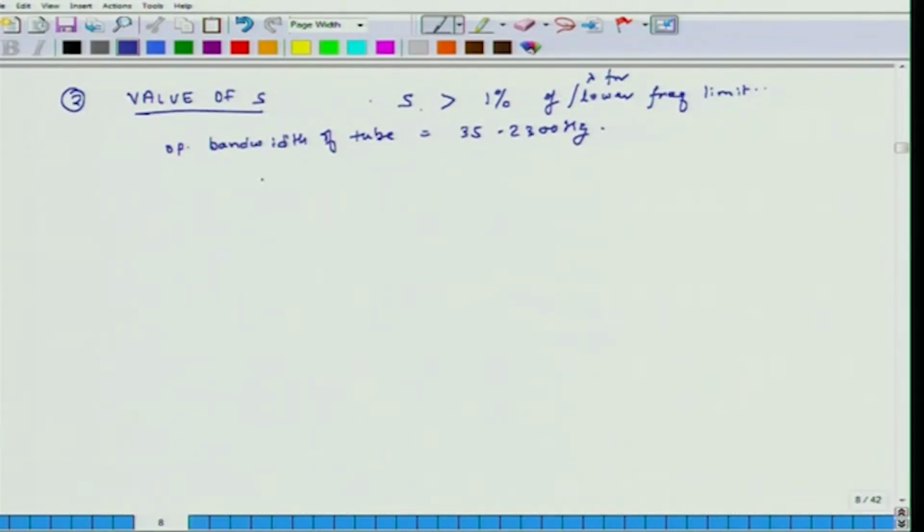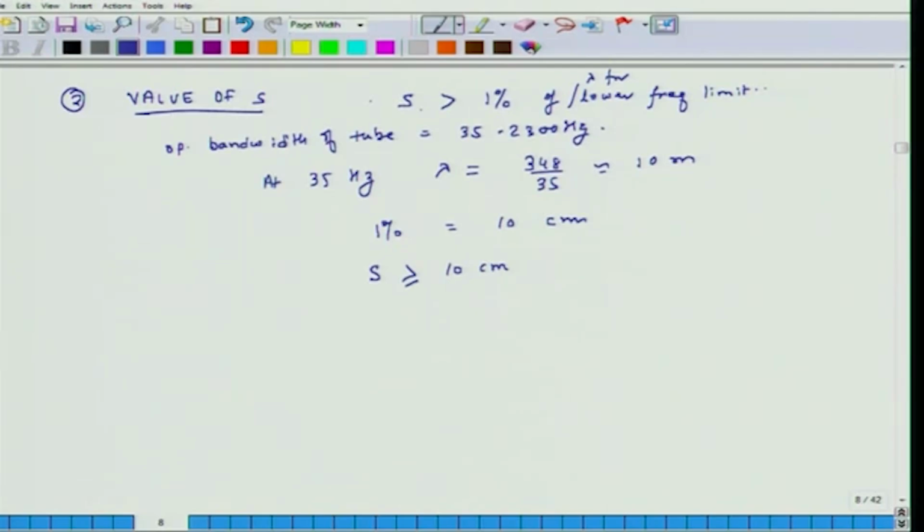So at 35 hertz, lambda equals 348 over 35, which is approximately equal to 10 meters. So 1% of it is 10 centimeters. So S should be more than 10 centimeters. This is one consideration.